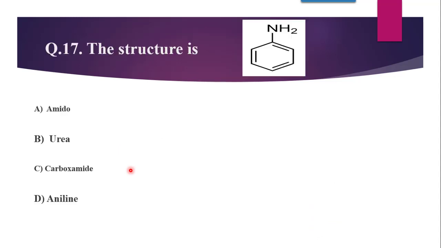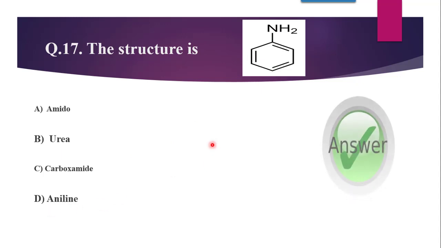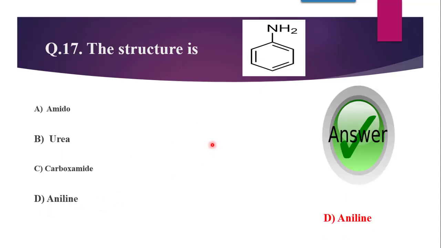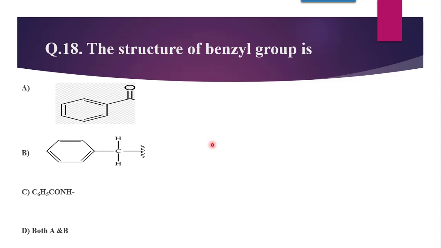Then question number 17, the structure is, as you all know, C6H5NH2. NH2 is amine and this is benzene. So this ring containing NH2 is known as the aniline ring. So the answer is D, aniline. Next, question number 18. The structure of the benzyl group is. In question number 1 we saw benzoyl, which was C6H5CO.